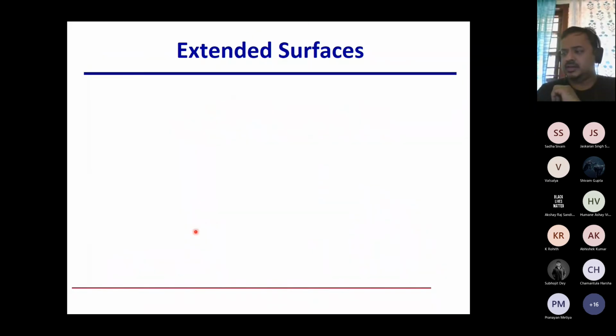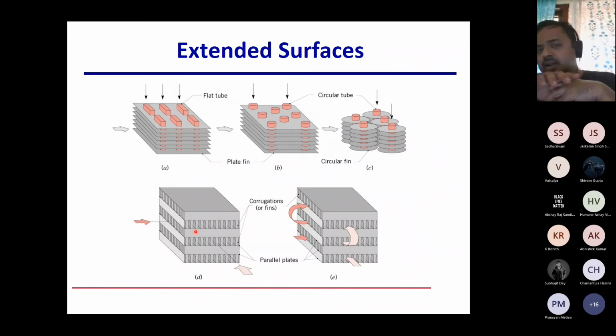And finally, we have this configuration called extended surfaces, what you see here. So here what happens is, again, the flow of the first fluid is through the tubes, and the second fluid is through some fin. I could have had the flow just above the tubes, like I had in the shell.